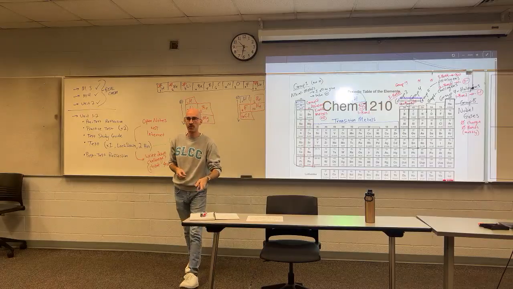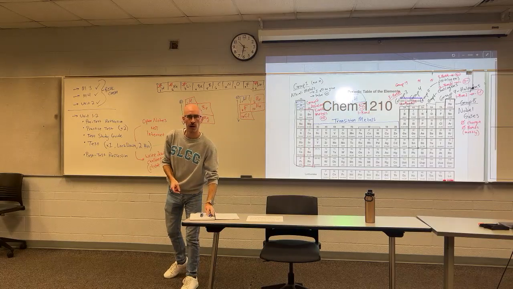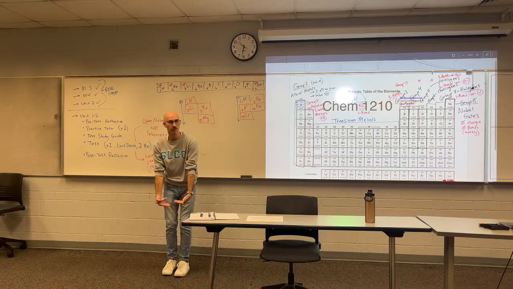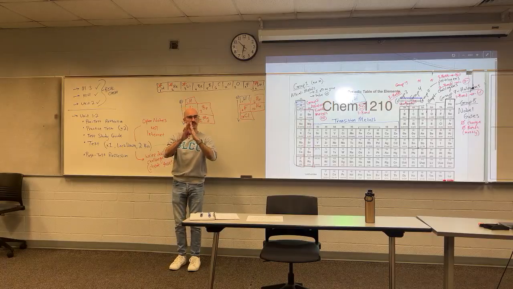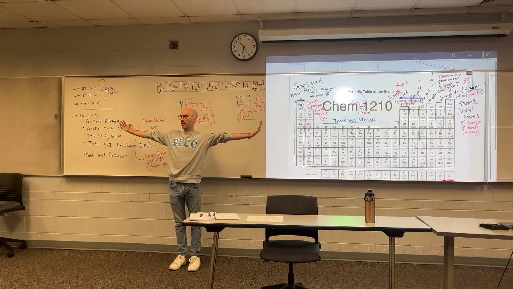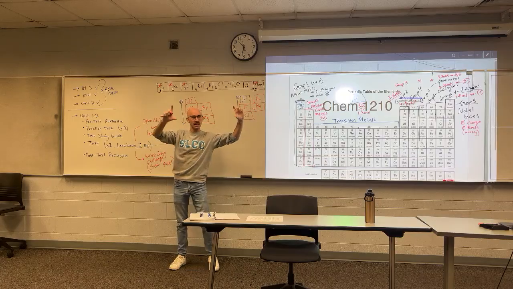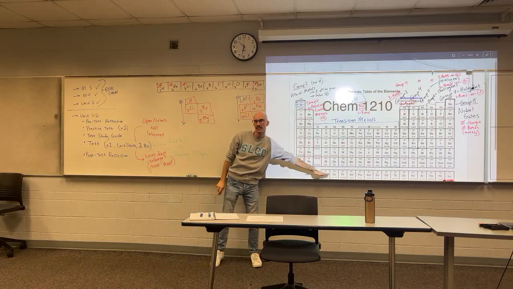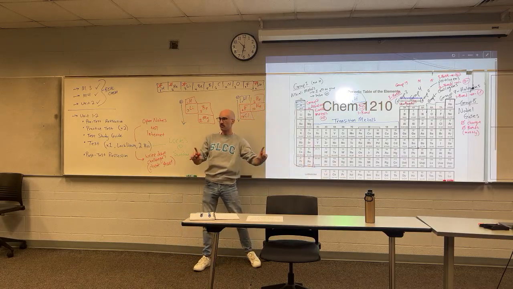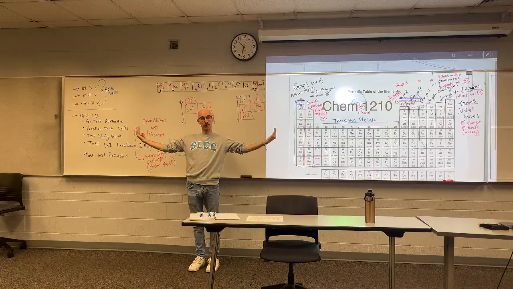Some periodic tables don't draw those bottom two rows separate from the rest of the table. Some periodic tables extend the S, D, and P blocks to fit this F block in between them. And you get this long periodic table.